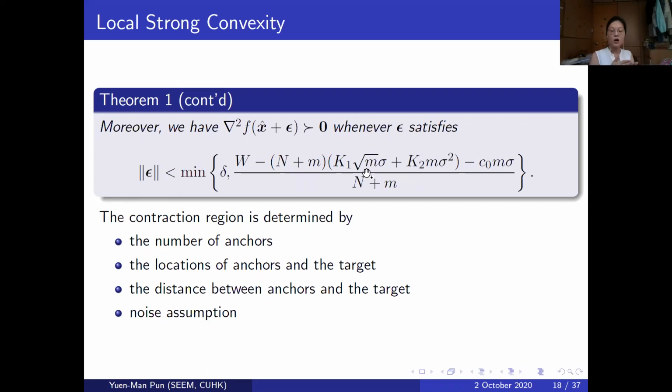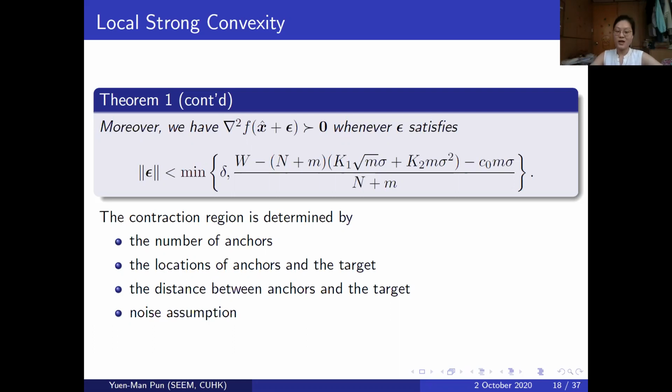This strong convexity region is particularly important in our analysis later for the dynamic regret bound, because, as you remember, we want the estimate to always be in the local strong convexity region, so that we can use existing results, essentially performing online optimization on a sequence of strongly convex functions.